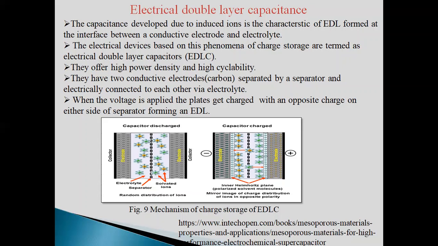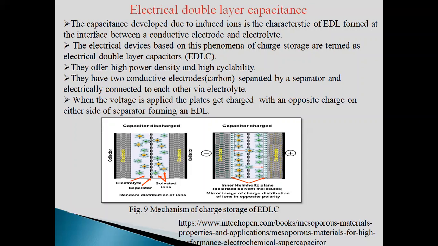Now electrical double layer capacitance is used in electrical devices. Basically, nowadays, electrochemical double layer capacitance based supercapacitors are designed. The main reason is that they offer high power density and high charging and discharging cycles.